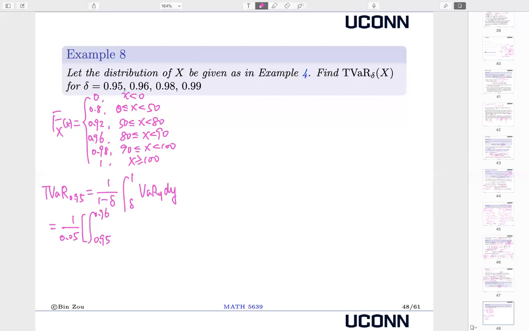So for anything between 95 and 96%, my VaR is 80, right? 80 is enough, dx or dy, plus the next level is from 96 to 98. Between this level, 90 is enough.